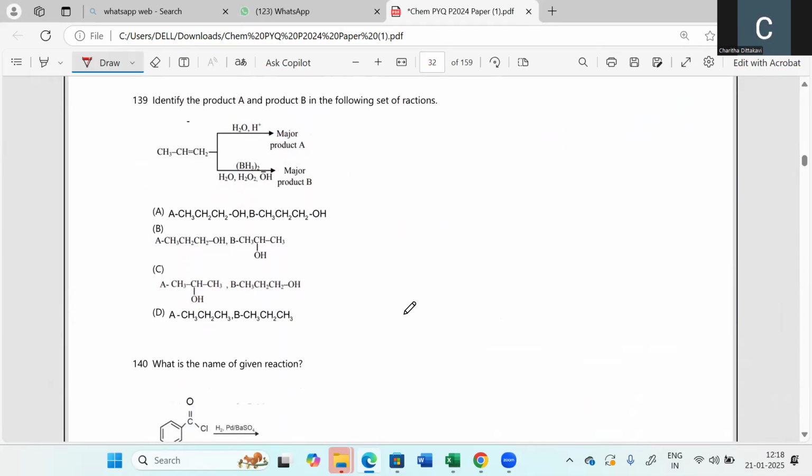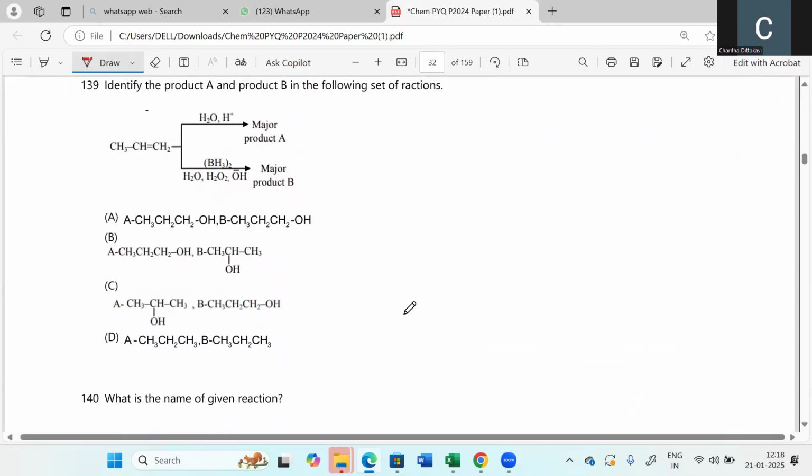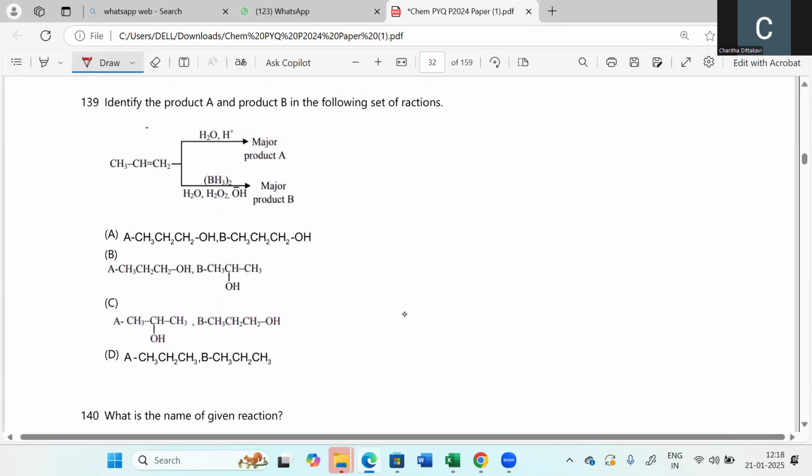Identify the products A and B in the following set of reactions here. 139, right? Identify the products, major product and minor product. I see BH3 here. If BH3 is seen, I get this anti-Markovnikov rule. According to Markovnikov, it is positive and negative, so OH minus comes on the positive carbon, and this would go on with this.